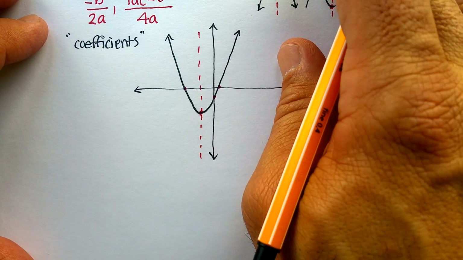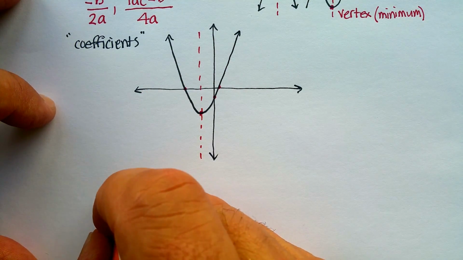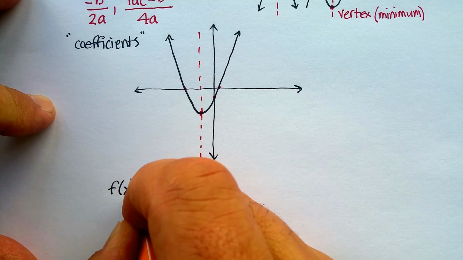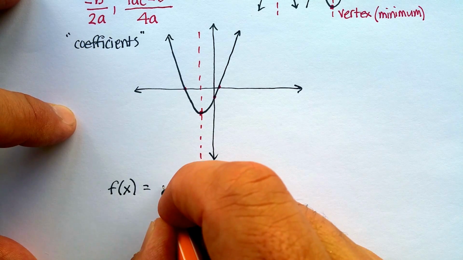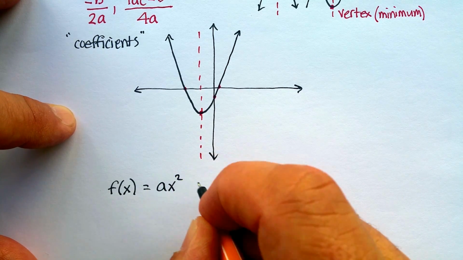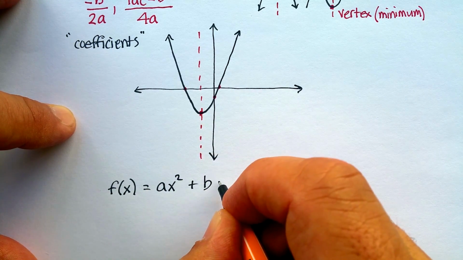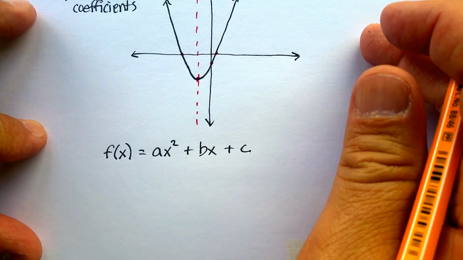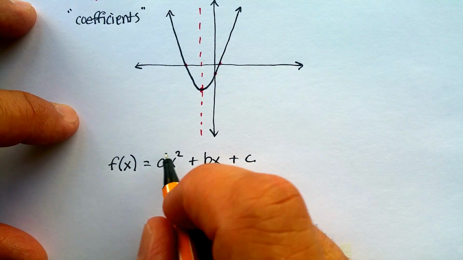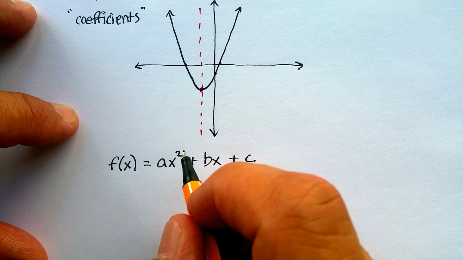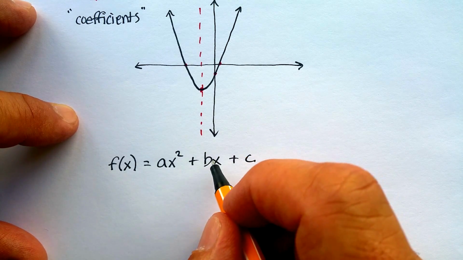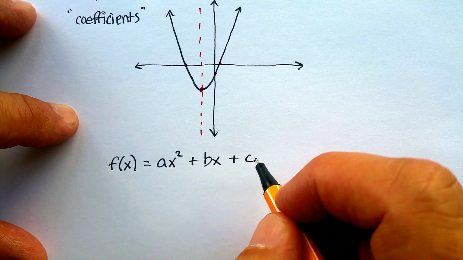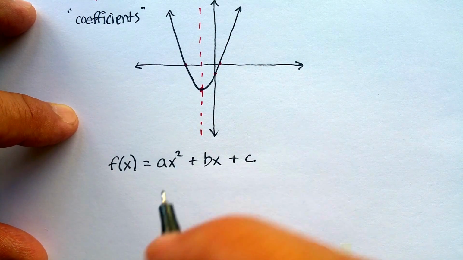Here's an example. I know that the standard form is f of x equals ax squared plus bx plus c, don't I? And I know that the a is called the quadratic coefficient, the b is called the linear coefficient, and the c is called the constant.